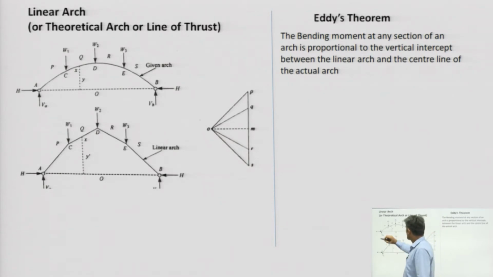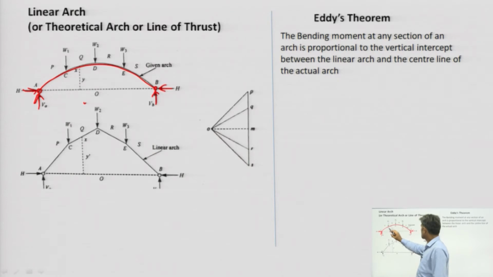Suppose this is an arch, and it is hinged at supports A and B, and it is loaded with 3 point loads W1, W2, W3.